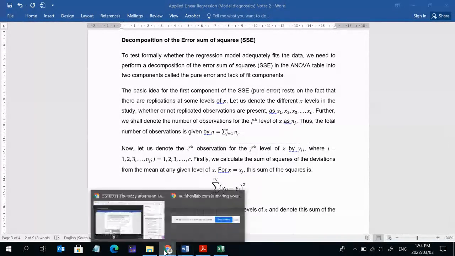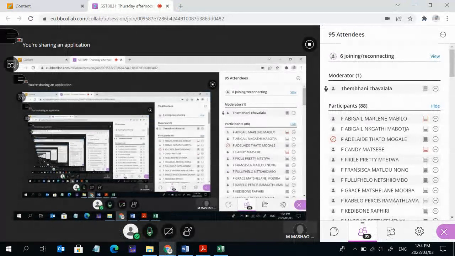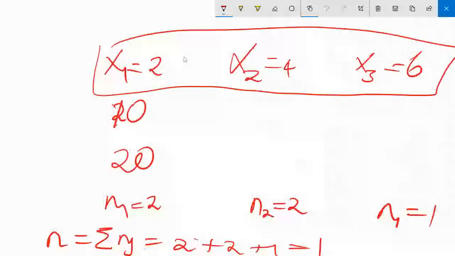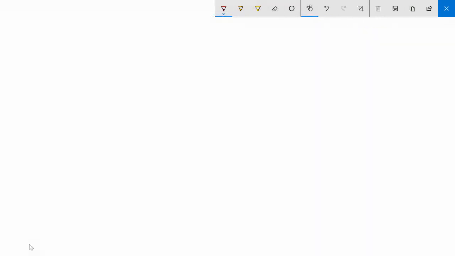So if we have a situation like this, y1,2 means it is the first observation on the second level.